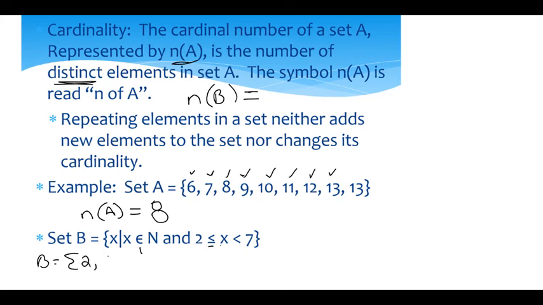So we have 2, 3, 4, 5, 6. And because x is less than 7 and they didn't put the line here, I'm not going to include 7. So if I count my elements there, n of B, my distinct or different elements are going to be 1, 2, 3, 4, 5. So n of B equals 5.